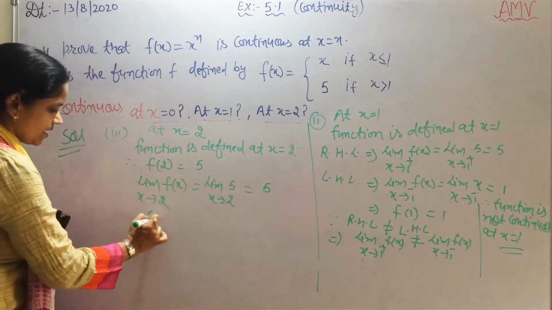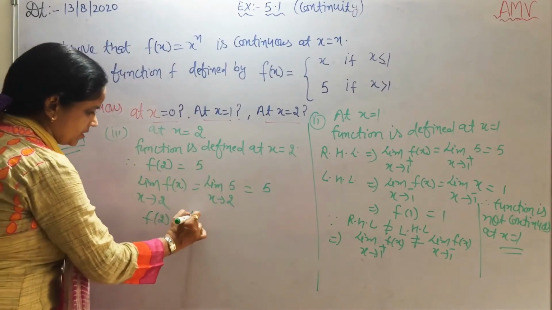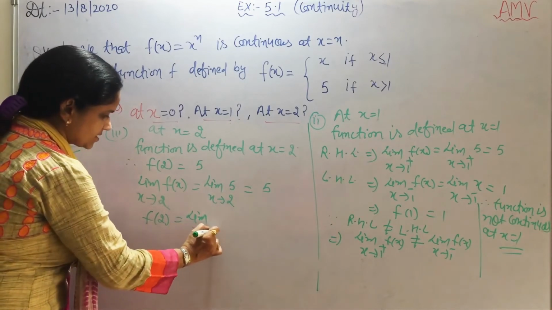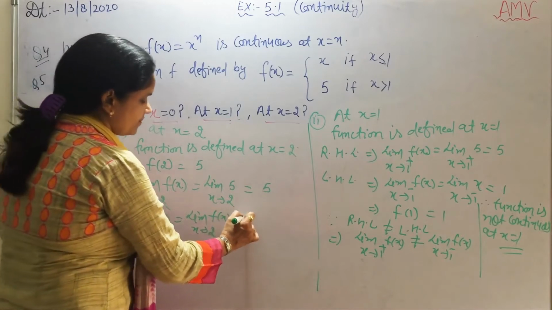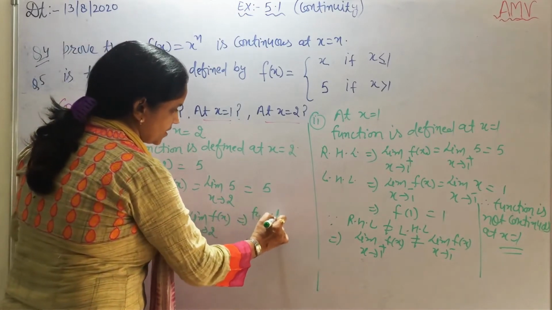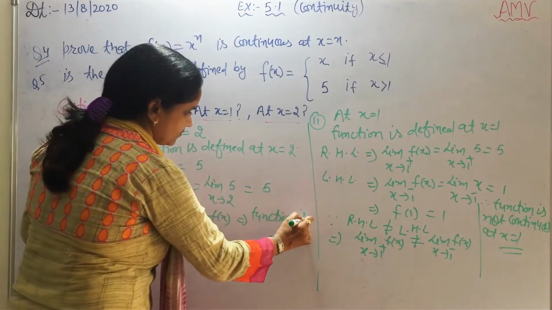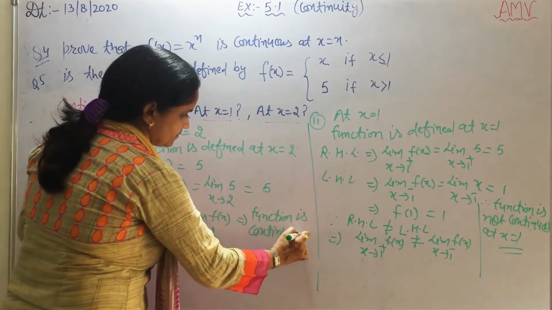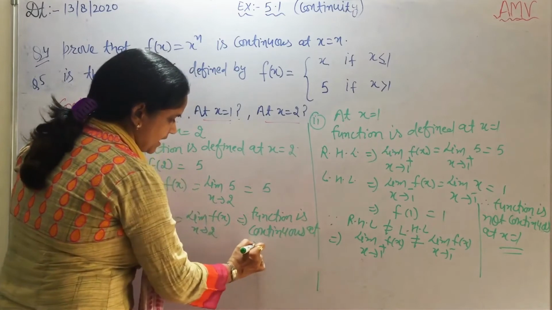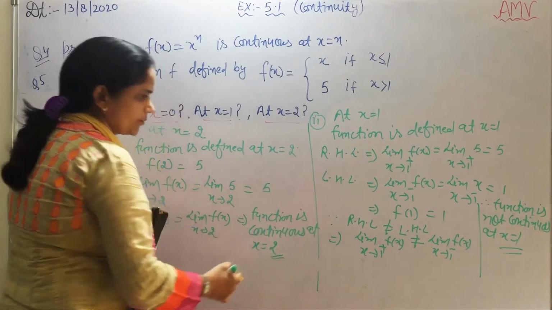Now see, f(2) is equal to the limit as x tends to 2 of f(x). Therefore the function is continuous at x is equal to 2.